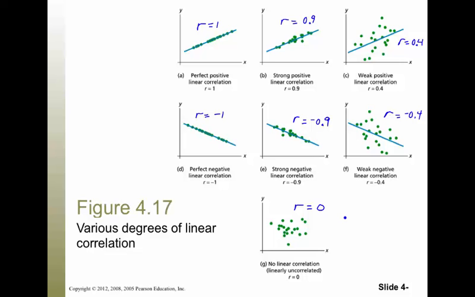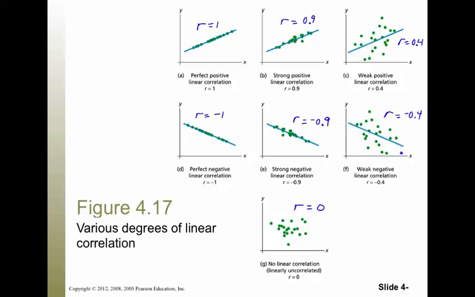So, looking at these data sets and then looking at these numbers, what's an observation that you make about what this number is telling us? Anything. What's one thing that you see? Okay, so the closer it is to 1, the more correlated the two variables are.